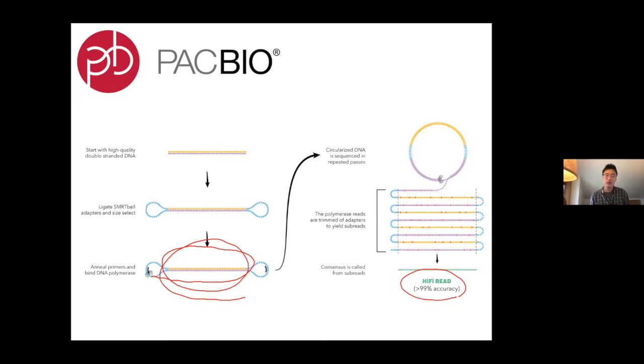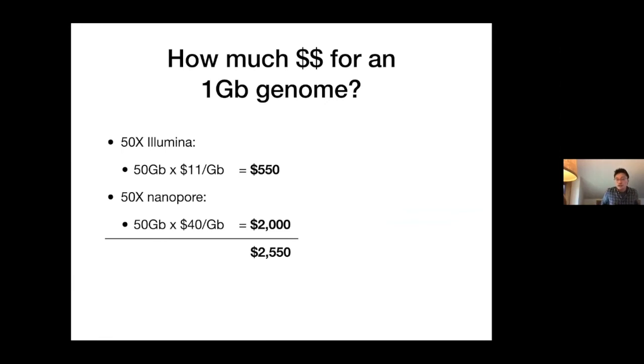Right. So how much would it cost to sequence a 1 GB genome now? Illumina data are cheap, right? The quotes we have been getting are around $11 per GB. Usually you need 50x to do the genome survey or to do polishing.